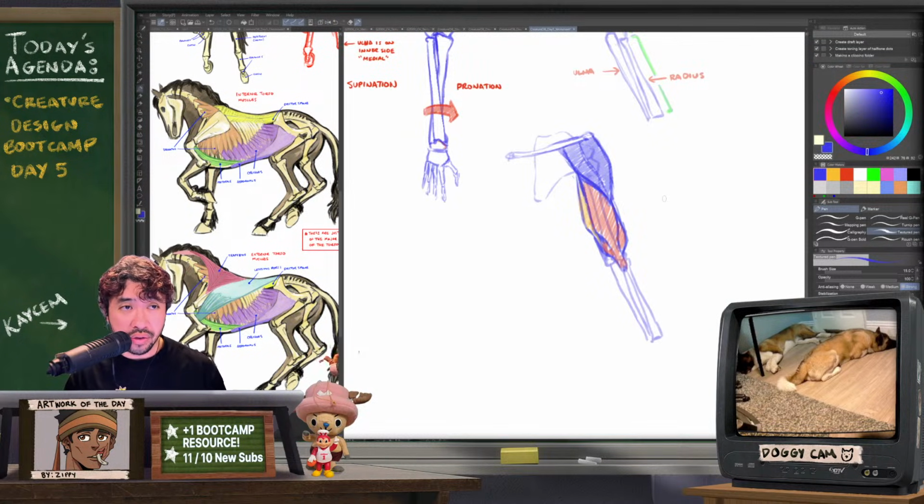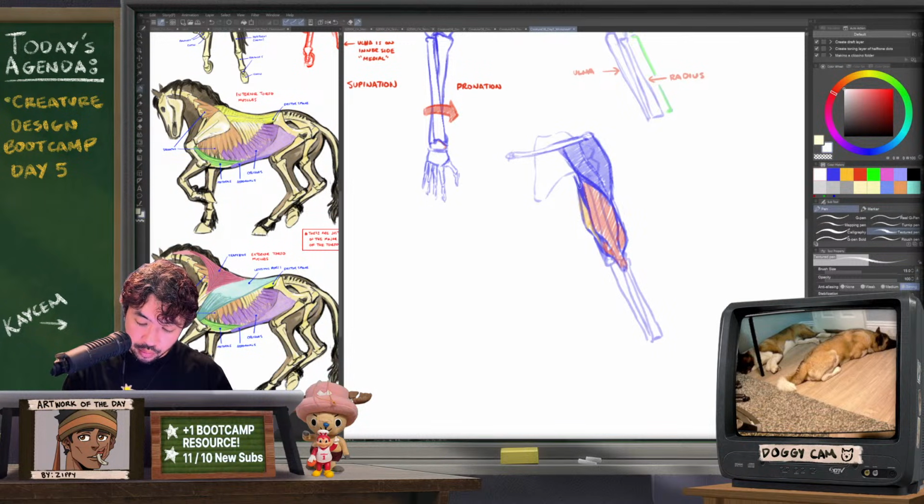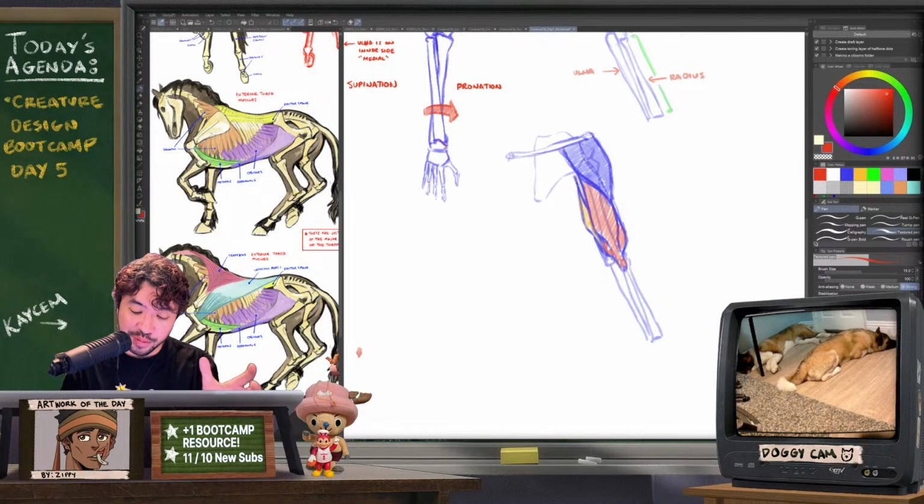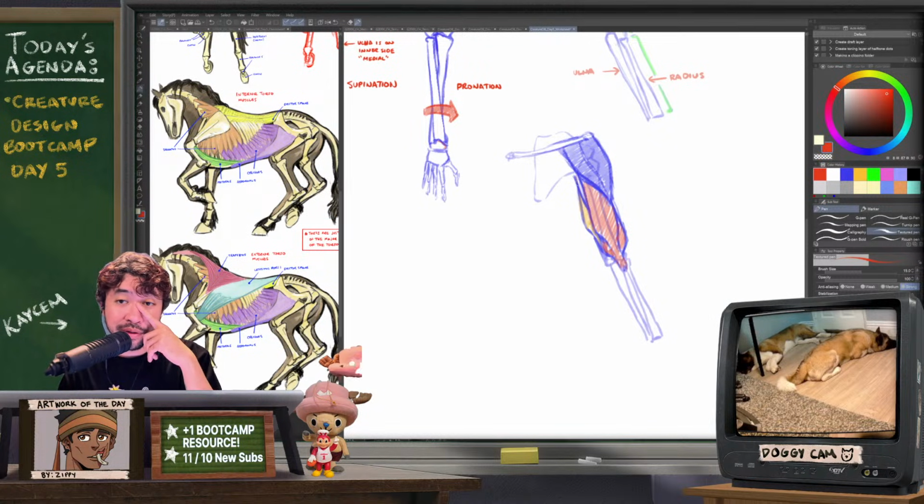Now there's a few other muscles in there that you could talk about that do exist. For example, there's the coracobrachialis, which you could technically see from the inner side right here. But we're not going to focus on that stuff because, again, this is a video on arms for humans and animals, and things like, for example, the coracobrachialis, I don't even think animals have it.